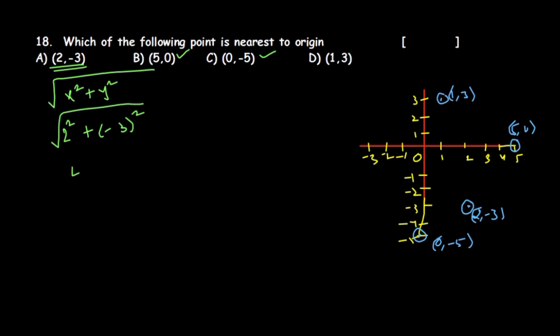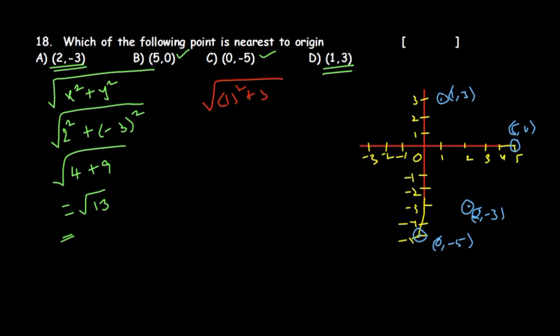So 2 square is 4 and minus 3 square is 9. So this is root of 13. Okay, so root of 13 is one of the options we have, and 1 comma 3. This one also I'm going to check. Root of 1 square plus 3 square. 1 square is 1, 3 square is 9. 1 plus 9, which is equal to root 10.